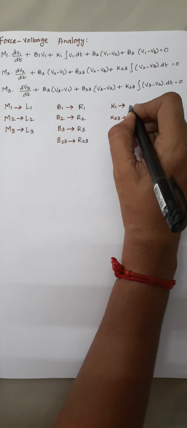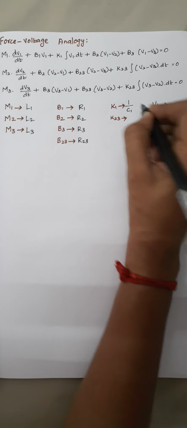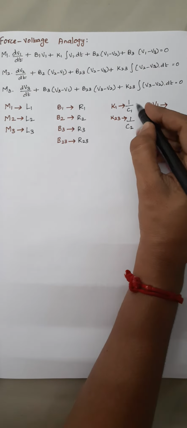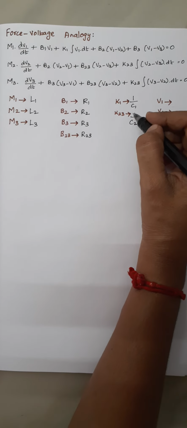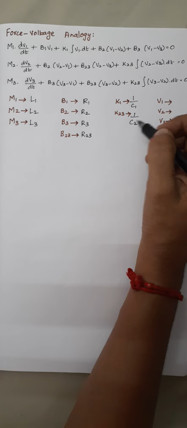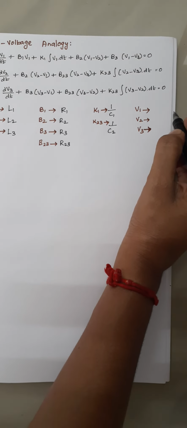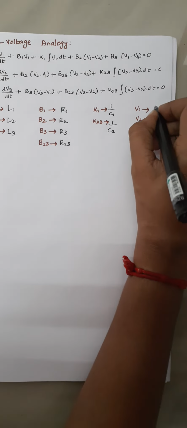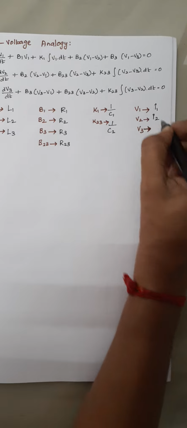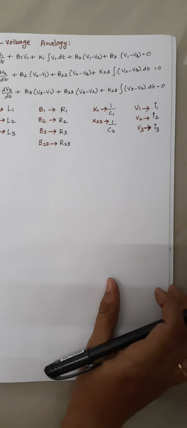So here I have to write it as 1 by C1 and 1 by C2, because while writing the expression I will be using only 1 by C1 here. And again this velocity should be represented as the respective currents, so here I am writing I1, I2 and I3.